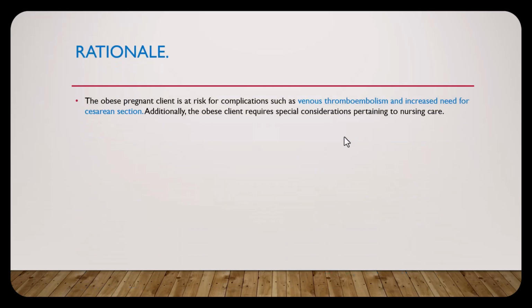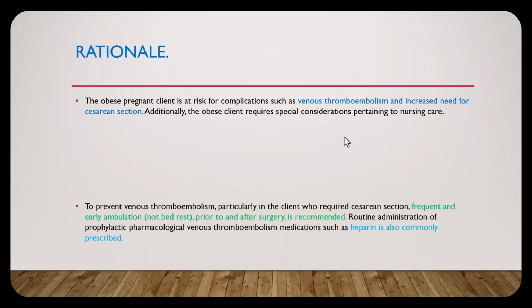The obese pregnant client is at risk for complications such as venous thromboembolism and increased need for cesarean section. Additionally, the obese client requires special considerations pertaining to nursing care.